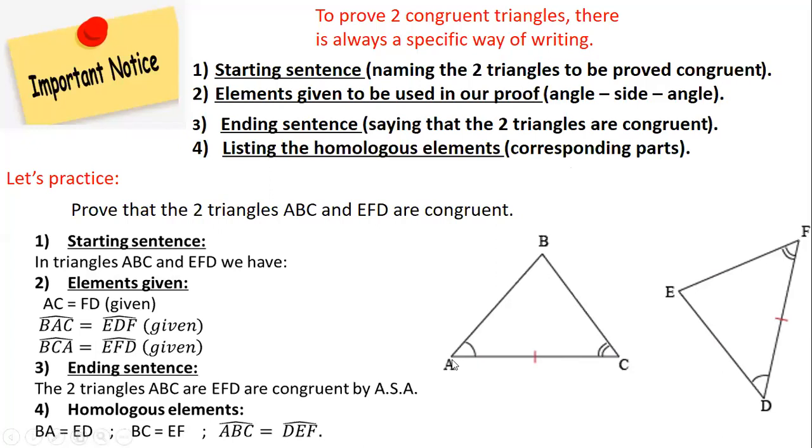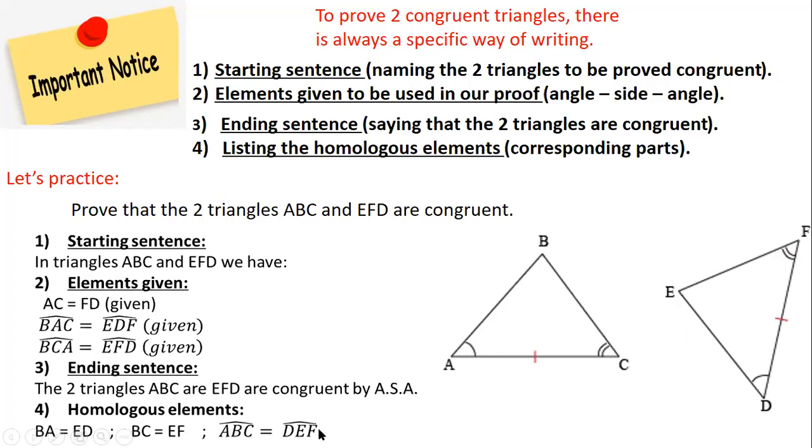The three sides in the first triangle will be equal to the three sides in the second triangle. This is what is meant by congruent. Now, the elements that I used in the proof, or the given elements, I don't use them in homologous elements. In homologous elements, I name the not marked sides and angles.